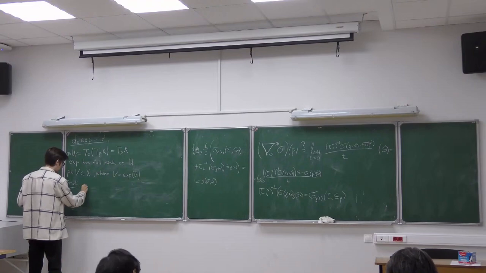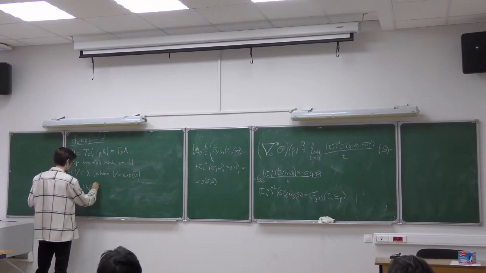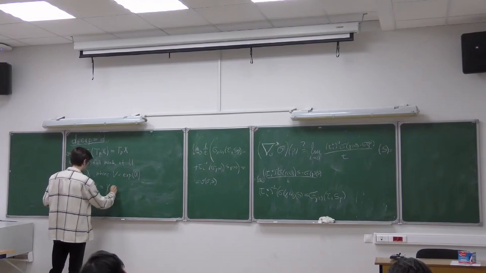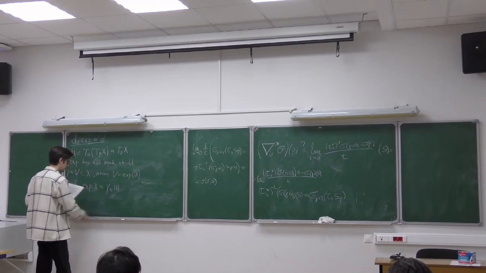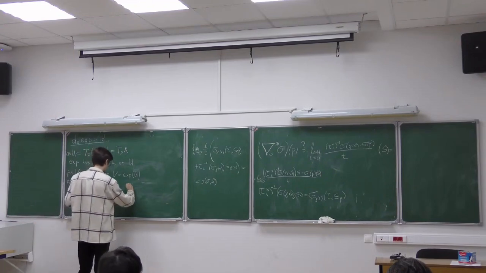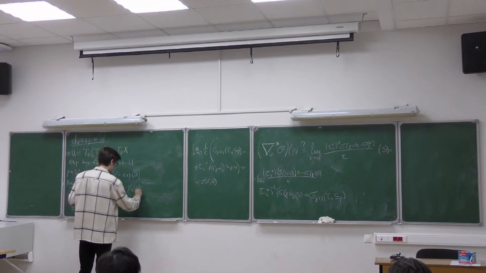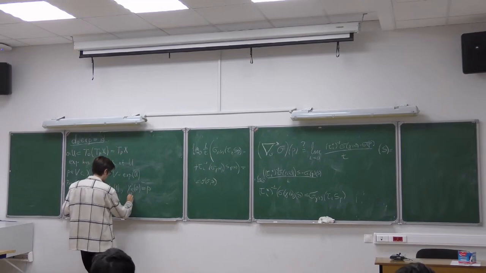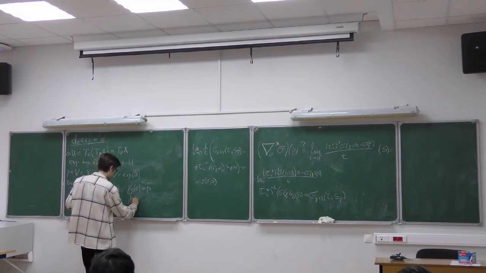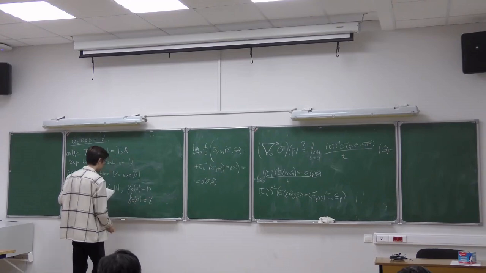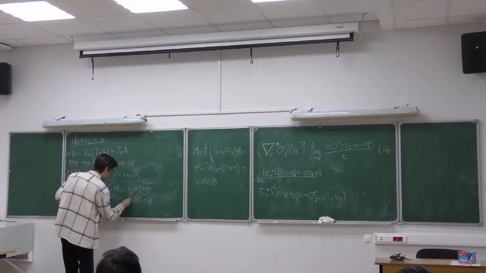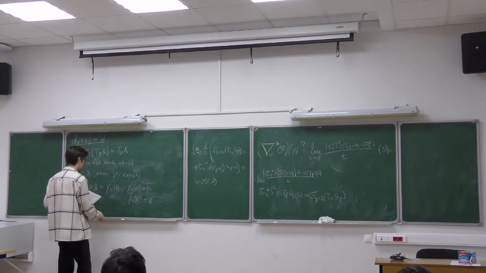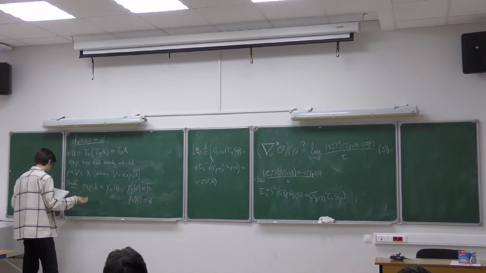So just by definition, exp of x is gamma_x at point 1, where gamma at 0 is P, and its derivative at 0 is just x. So by existence and uniqueness, it is well defined.